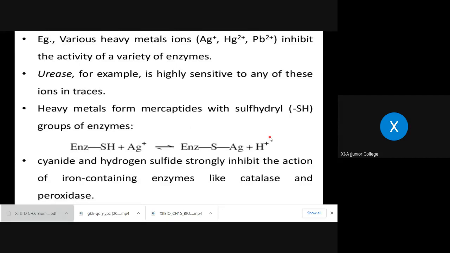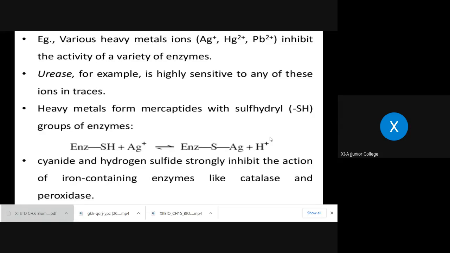These are some of the examples mentioned here. Various heavy metals like Ag, Hg, and Pb inhibit the activity of a variety of enzymes. These metal ions come in contact with the active site of the enzyme, and then they reduce the rate of the enzyme activity.